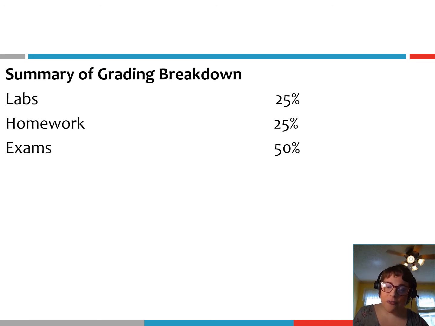We'll have labs, which are worth 25%. The same with your homework, also 25%. And we will have an open note, open book exam: a midterm exam and a final exam.